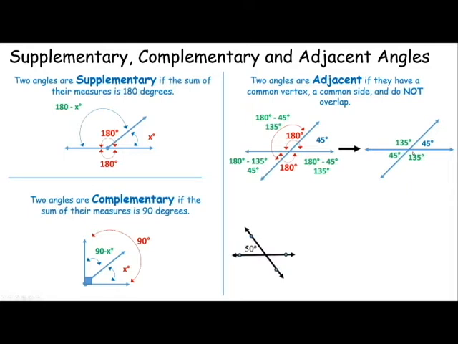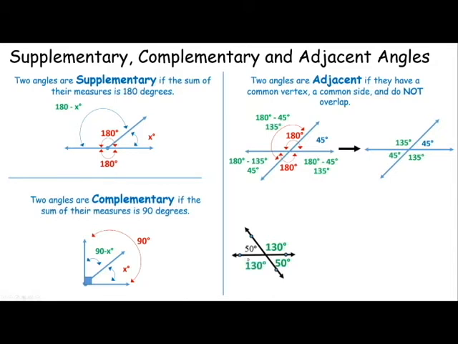And that's pretty cool, because if I were to draw a picture like this and tell you that this acute angle, this small angle is 50, you can use this small angle to figure out the measures of all the other angles. This big one right next to it has to be supplementary to it, meaning it has to add up to 180, so that would make a 130. Well, of course, this one over here is 130 as well, and the one across from it is going to be a 50.